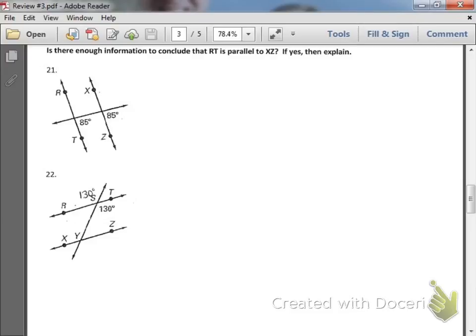The next section says, is there enough information to conclude that the lines are parallel? If yes, explain. So 21, what do you think? Can we say that the lines are parallel? Yes. Why? What type of angles are these? They're in the same position. They're acute.